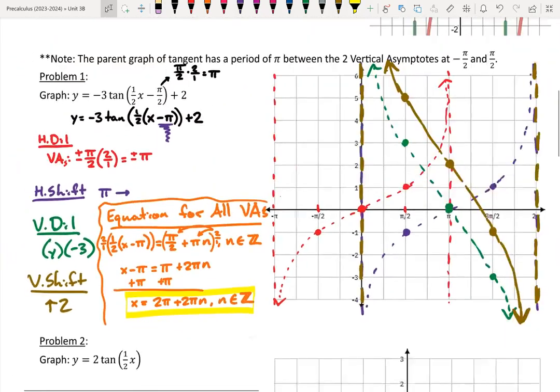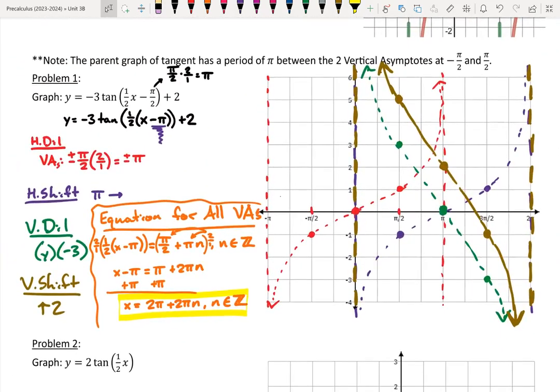Also, we can double check that this makes sense in our graph. So this is saying all vertical asymptotes happen at 2 pi. Do we have a vertical asymptote at 2 pi? In our final graph, did we have a vertical asymptote at 2 pi? And then are all the vertical asymptotes 2 pi apart?